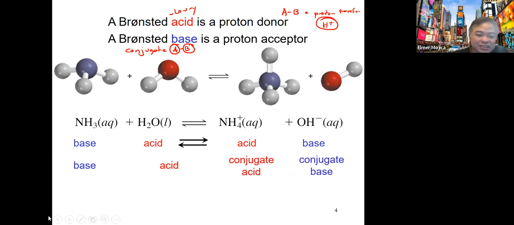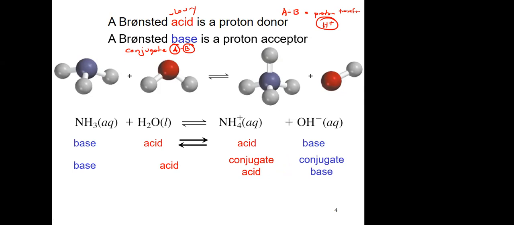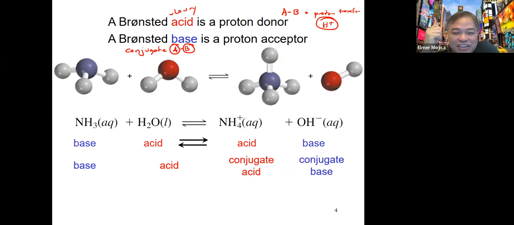So what's the difference between the conjugate base and the conjugate acid? It's usually one more or one less hydrogen, right? If you're a conjugate base, you're what? One more, one less hydrogen? One less po. One less. And if you are a conjugate acid, you are one more. Because I can ask you here, what is the conjugate base of H2O?